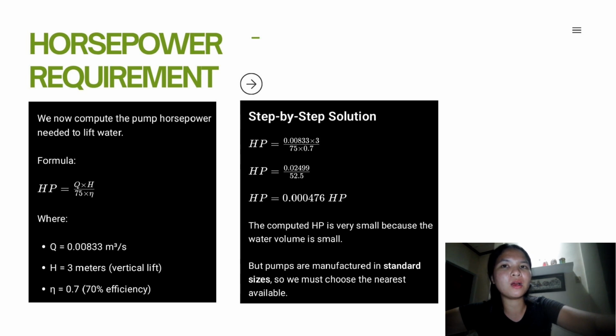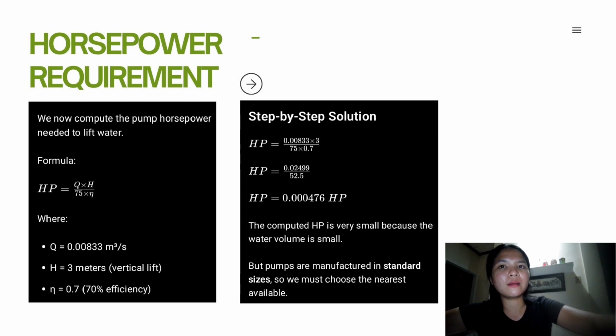So, horsepower is equal to 0.00833 times 3. And ang result niya is 0.2499. And then, i-times na po nako ang 75 times 0.7. So, ang result niya is 52.5.